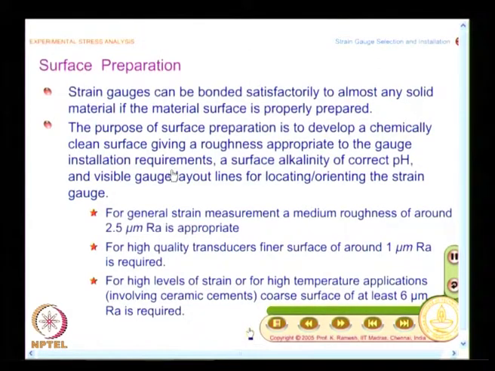And the other aspect is, you also want to maintain a surface alkalinity of correct pH. This ensures perfect bonding. In addition, you also need visible gauge layout lines for locating or orienting the strain gauge.